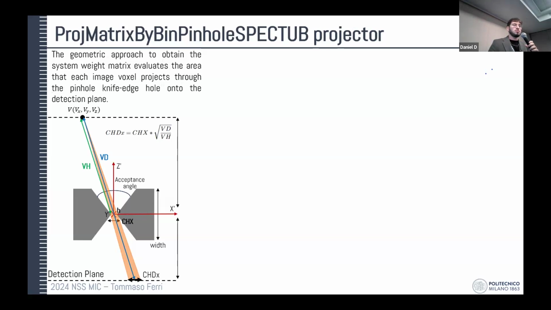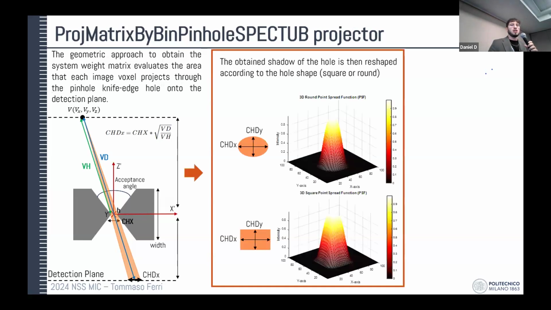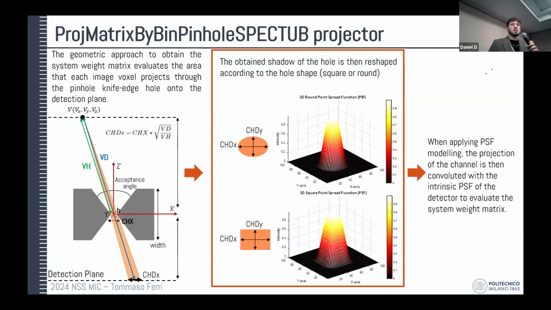This geometric contribution of the point spread function is then shaped according to the size of the hole, which can be round or squared. And when applying PSF correction, this PSF is then convolved with the intrinsic point spread function of the detector.